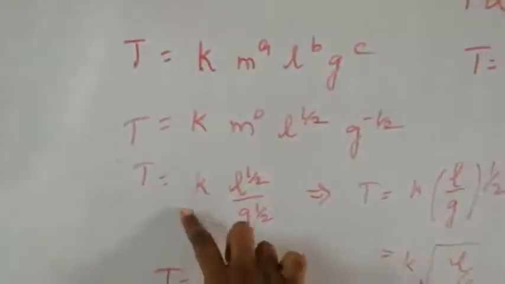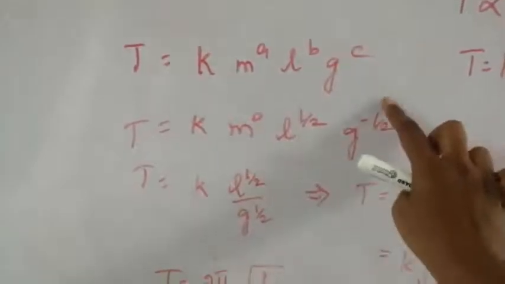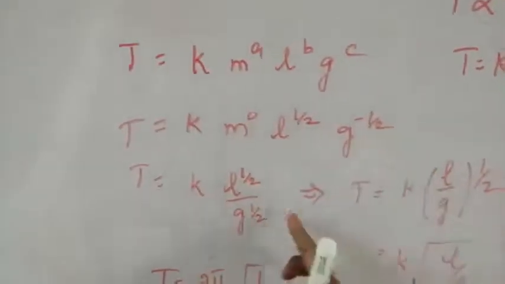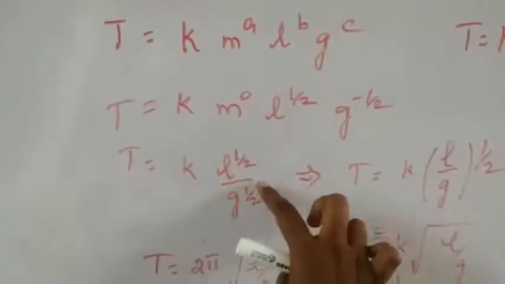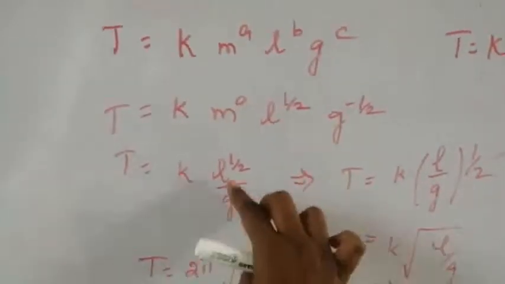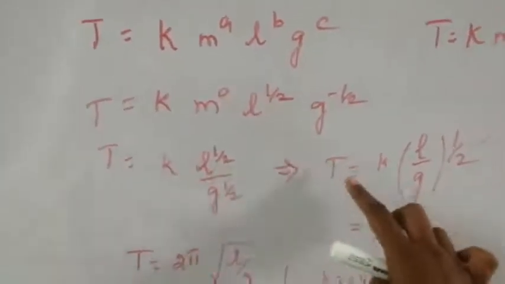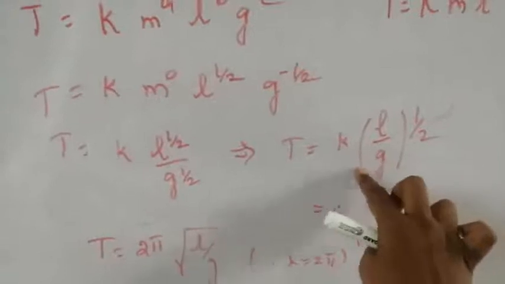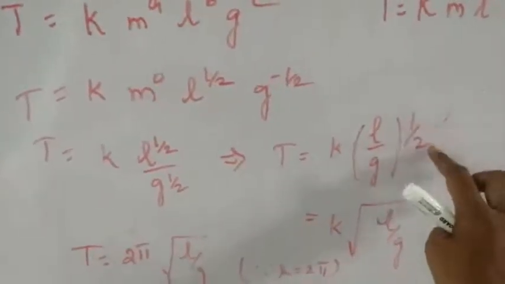So T is equal to k into l power 1 by 2, g power minus 1 by 2, so this should be taken under the denominator. So it is l power 1 by 2 divided by g power 1 by 2. Here the power is the same, so you can write it as T is equal to k into l by g whole power 1 by 2. 1 by 2 is nothing but root.